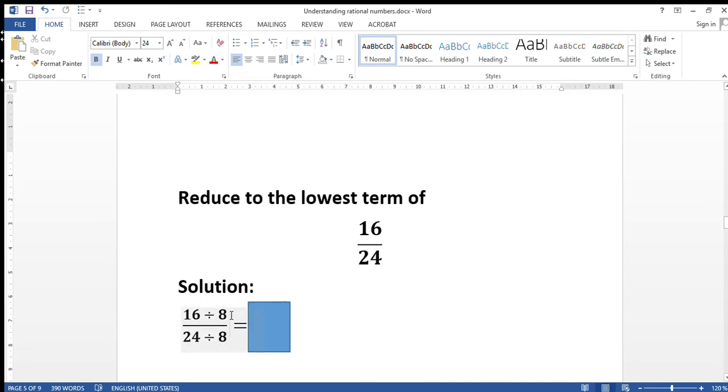So that number is 8. So we have 16 divided by 8 and then 24 divided by 8. Now we have 2 over 3. This 2 over 3 is our final answer because we cannot reduce it further.